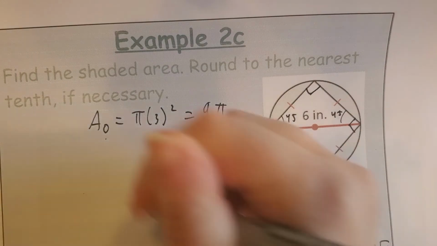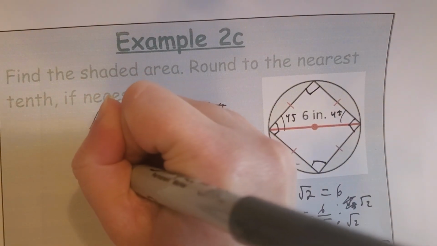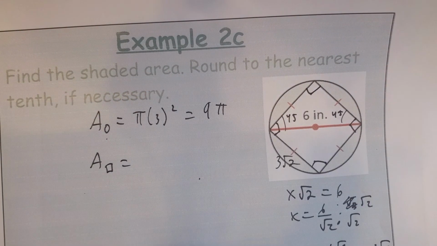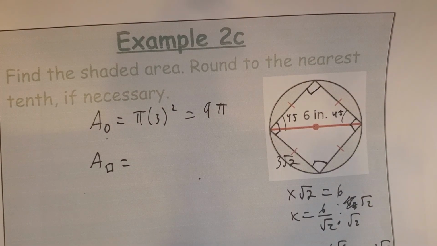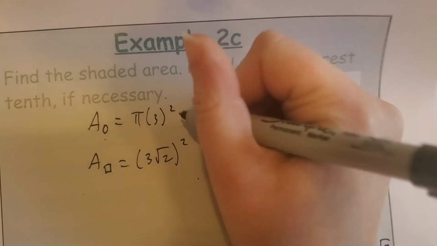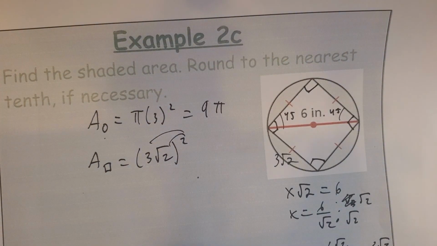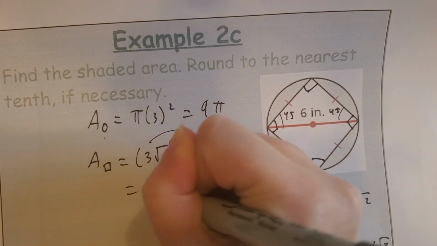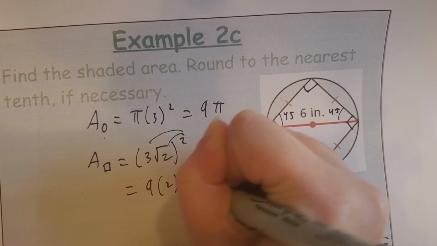And we know the area of a square is, you could also say base times height, length times width, or it's also side squared. So 3 root 2 squared. And that squared's got to go to both. All right, so this is 9 times 2, which is 18.